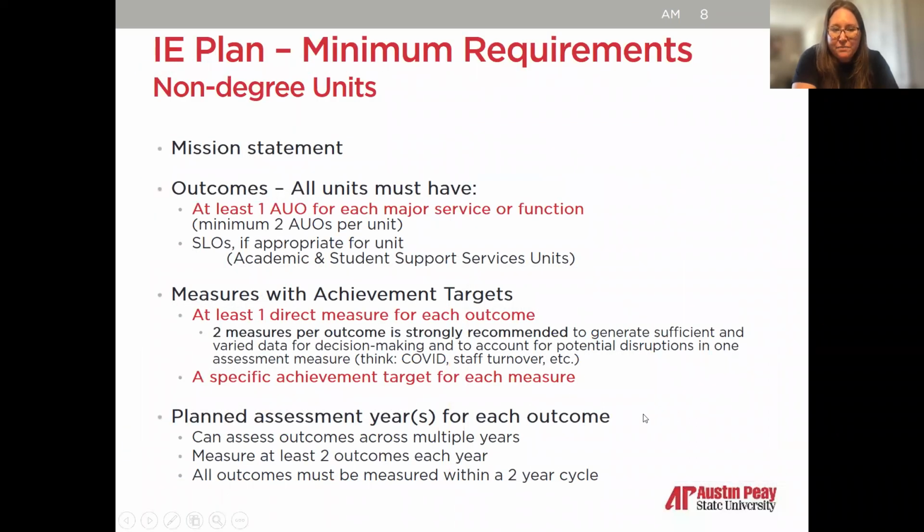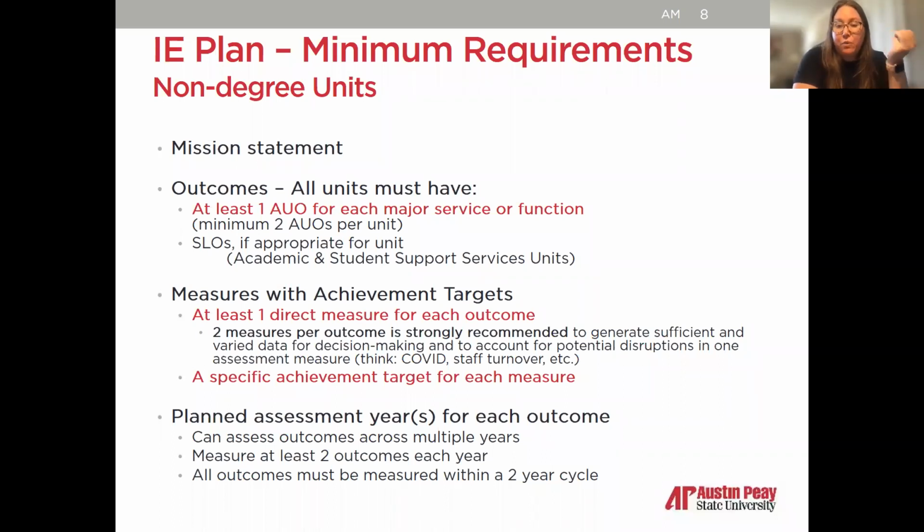So for your IE plan, for non-degree units, which is what everybody here is, what you need is a mission statement. Make sure that is included. All units must have outcomes. We ask for at least one administrative unit outcome for each major service or function. You have to have a minimum of 2 AUOs per unit. If you are classified as academic and student support services units, you may also have a student learning outcome.